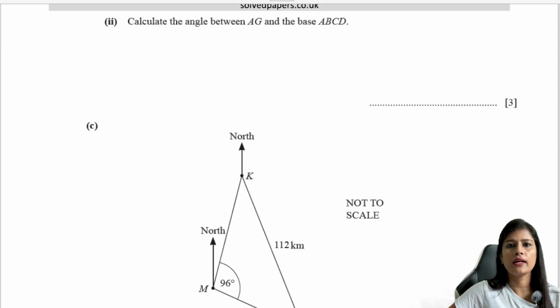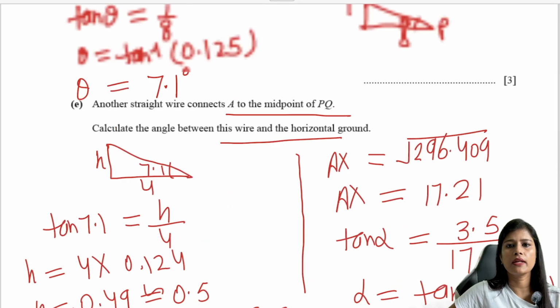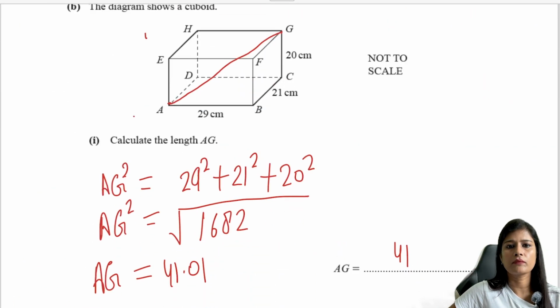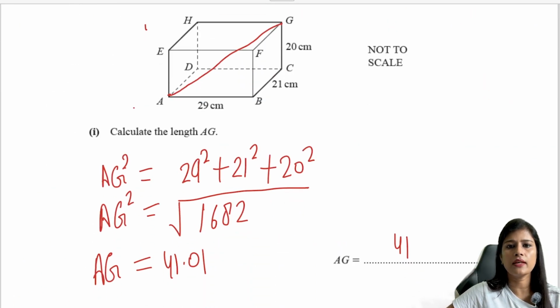Now calculate the angle between AG and the base ABCD. So the base is ABCD and this AG, means we need to calculate, if I join this to this C, this angle theta I need to calculate. So this one will be opposite, and this one is the hypotenuse.